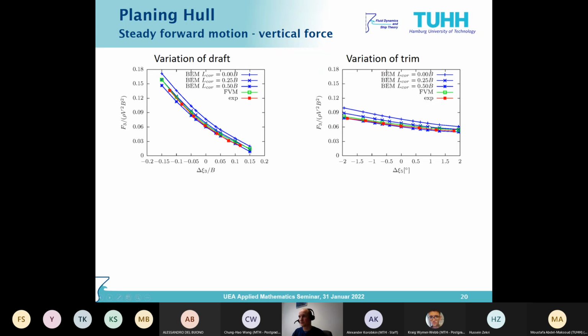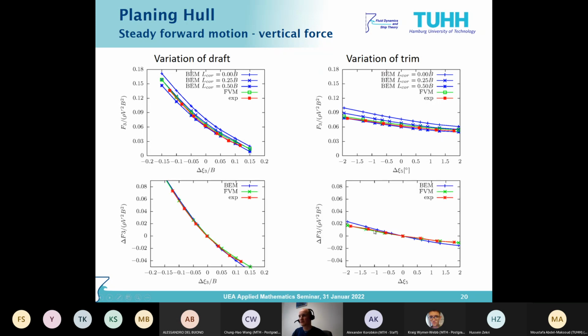And on the right side is the variation of the trim angle. This is a similar result. In this plot, I use the results from zero correction, but I shifted every.